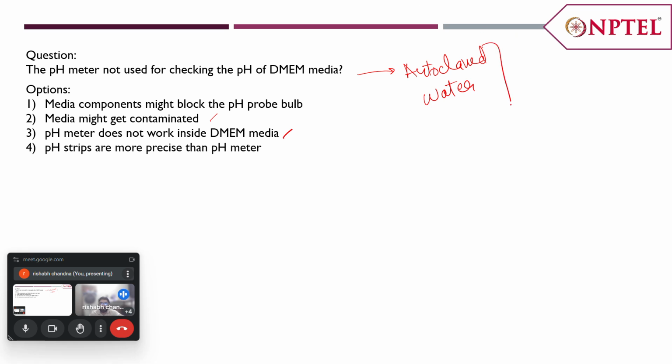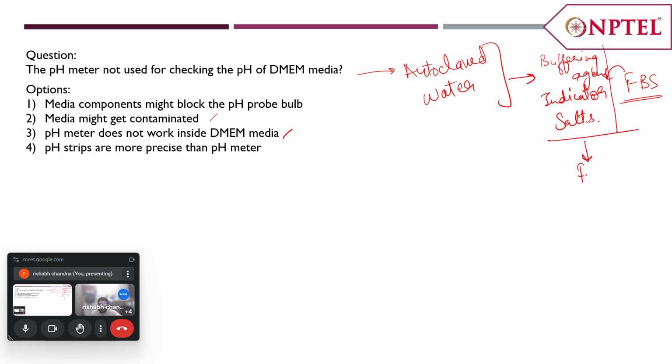What this contains basically is the buffering agent, indicator, and the salts. Then in addition, we add FBS. So after preparing this media, we add FBS and then we filter it.